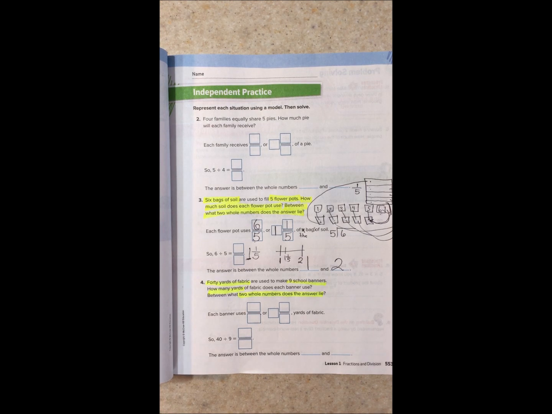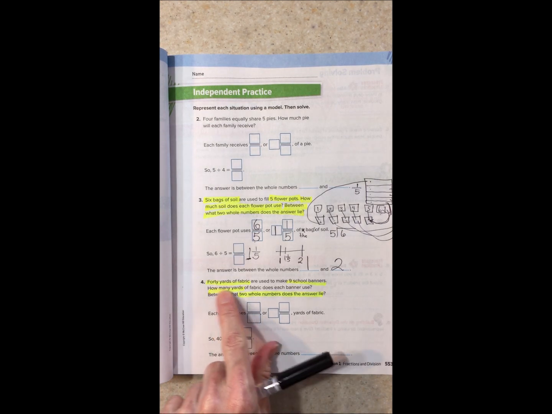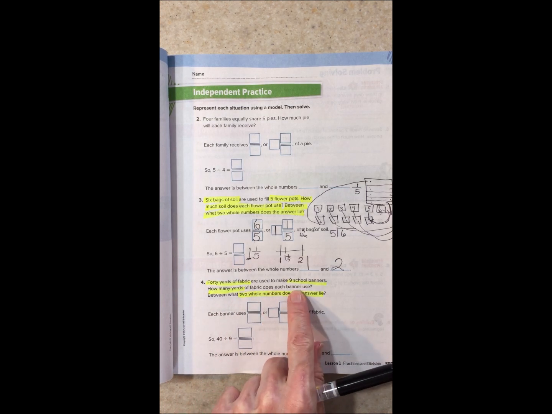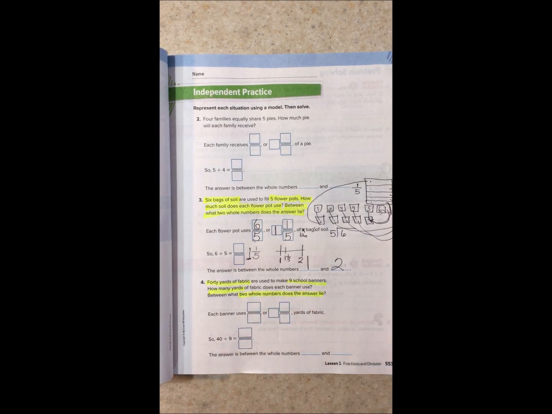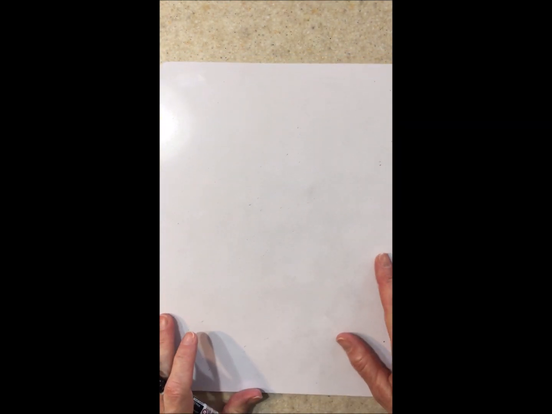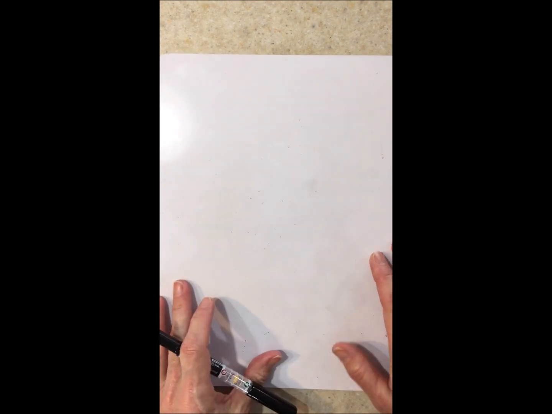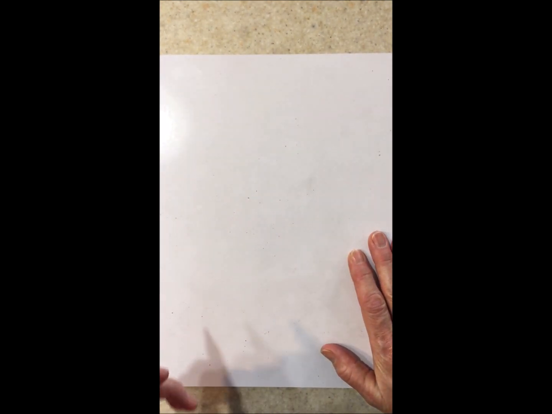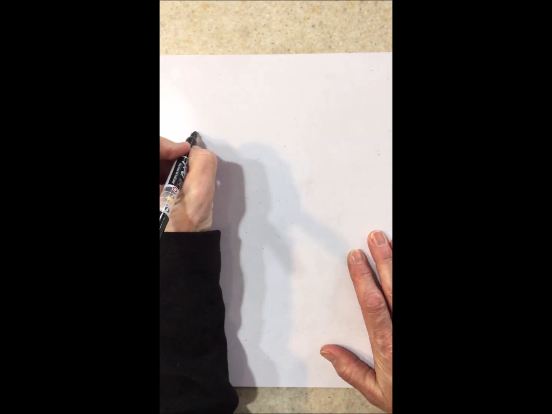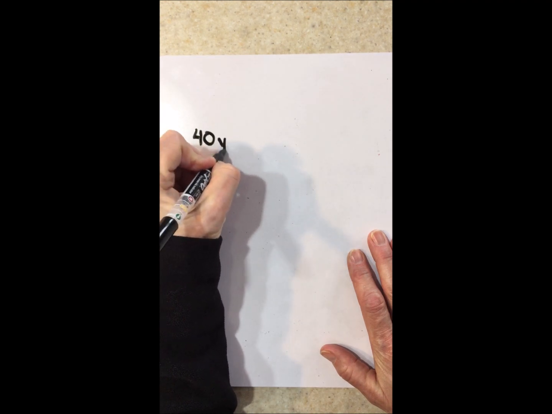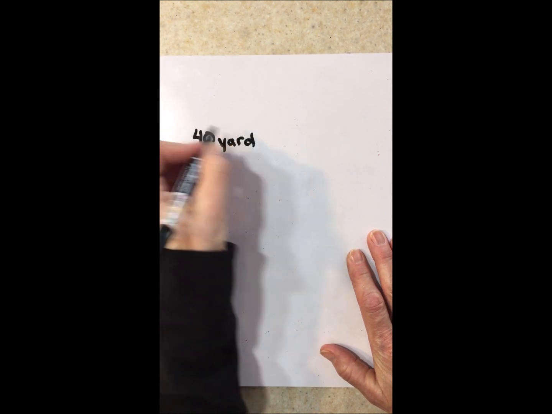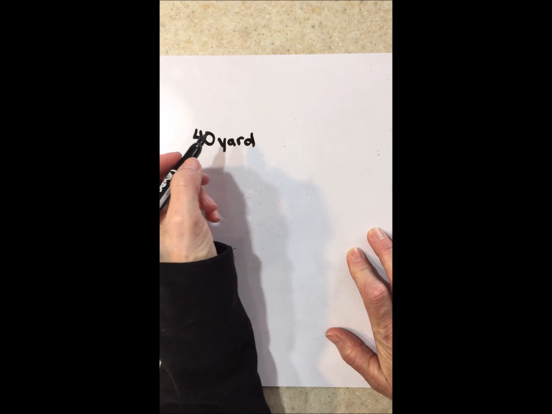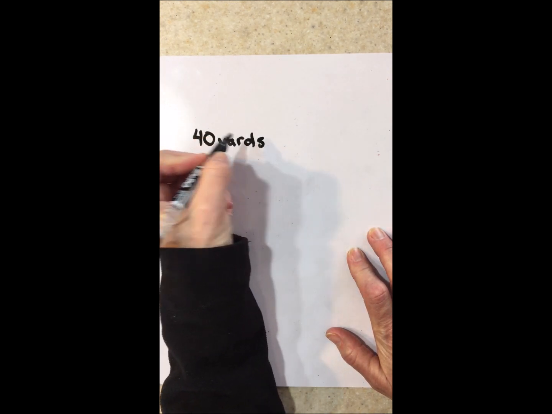So if you had 40 yards of fabric to make 9 banners, how many yards of fabric would each banner use? Well, let's see what that would look like. Let's make sure that's lined up under there. Okay. So you have 40 yards being made into yards of fabric.